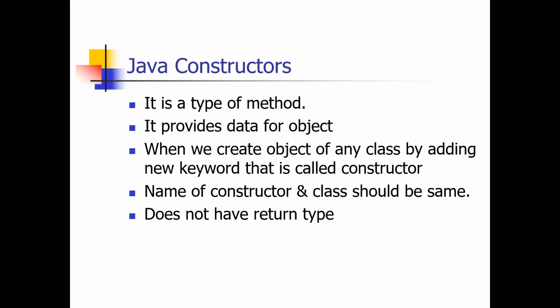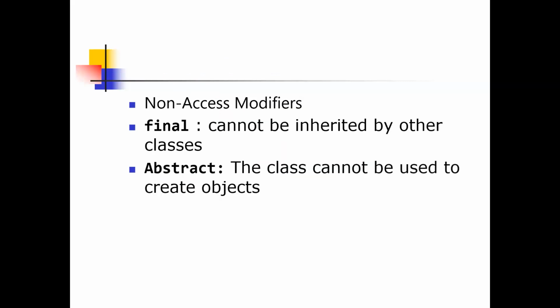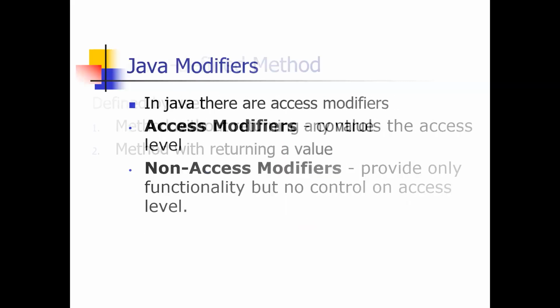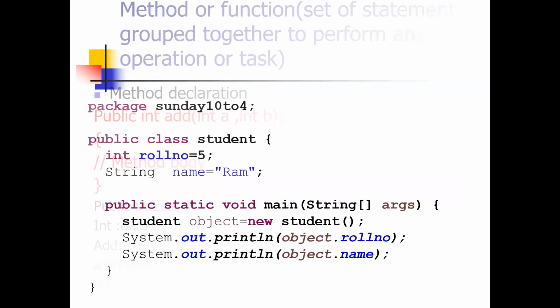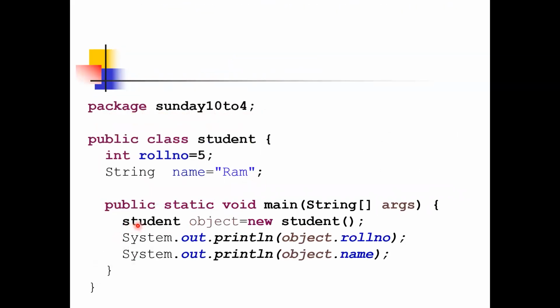For example, if you remember, just now we have done one program here. We have created a student object, new Student. Student is a class, and we are creating an object for this class by using the new keyword.